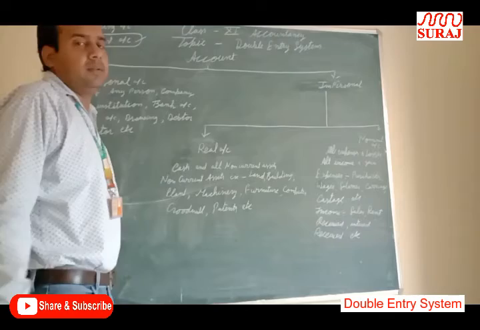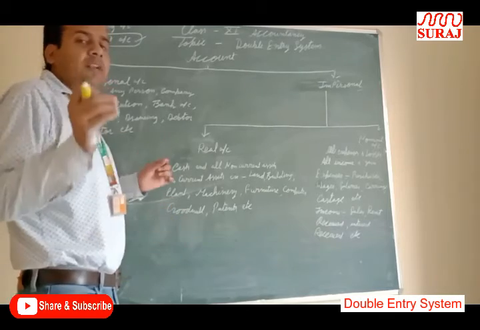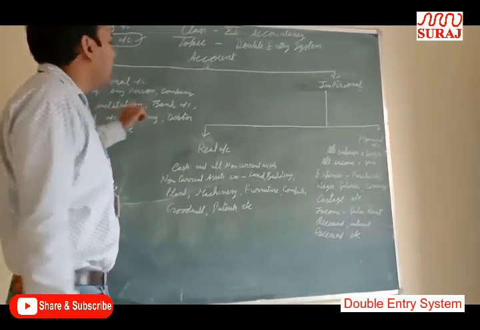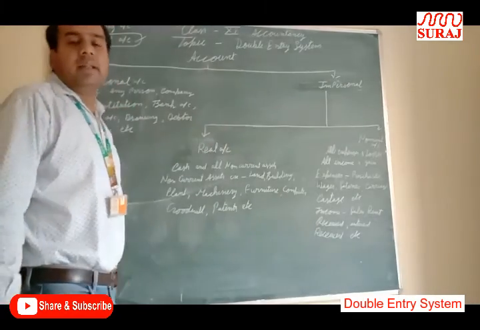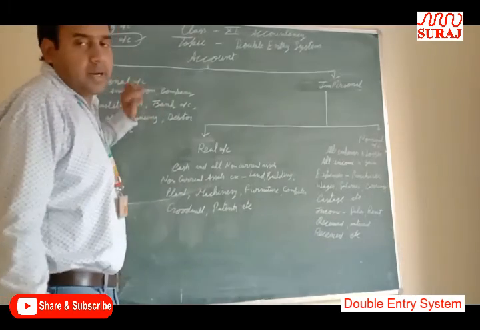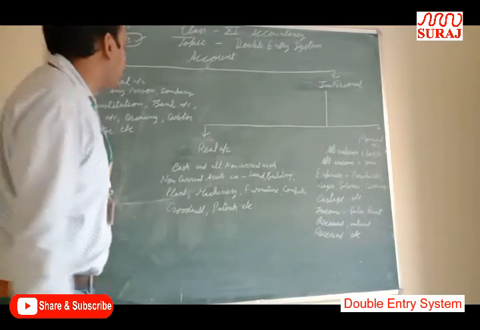So much for examples. Dear friends, for a journal entry, first of all we should find out which type of account it is: personal, real, or nominal. Then, by the rule of the account, we decide to debit or credit so that we can make a journal entry.